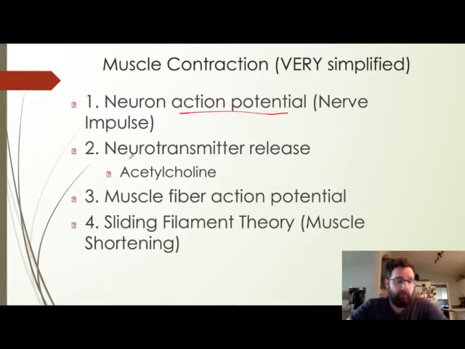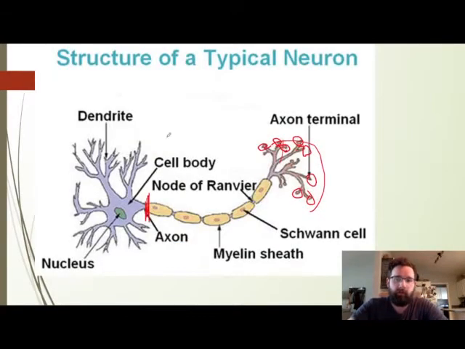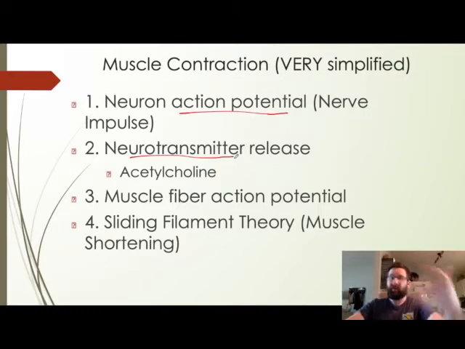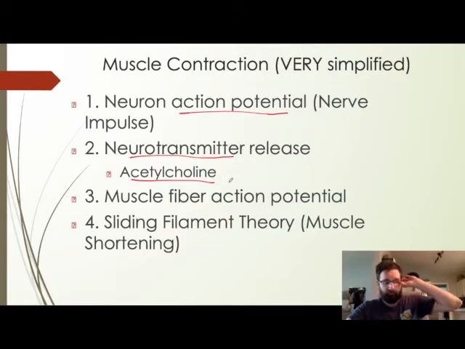Then, at that bulb, the end, the axon terminal, there's a neurotransmitter release. There's lots of different types of neurotransmitters. We'll talk more about them with the nervous system unit. Here, I do want you to know this. The neurotransmitter is called acetylcholine, or ACH. And that is what's getting diffused across that space. That triggers a muscle fiber action potential.